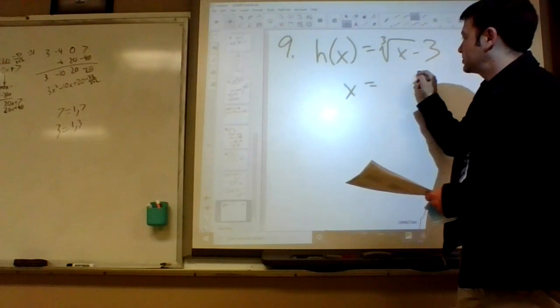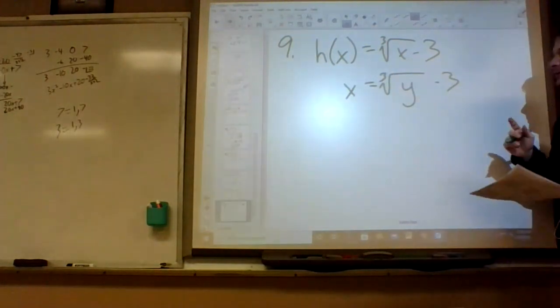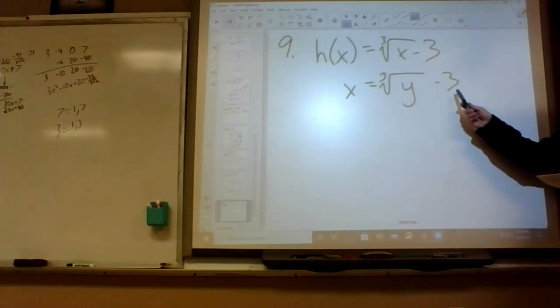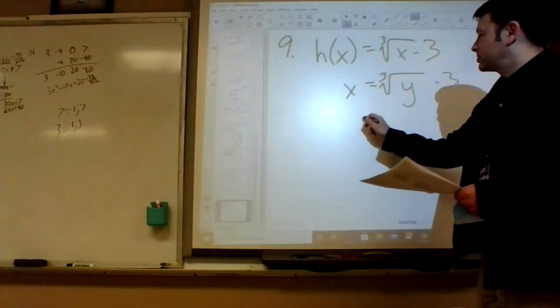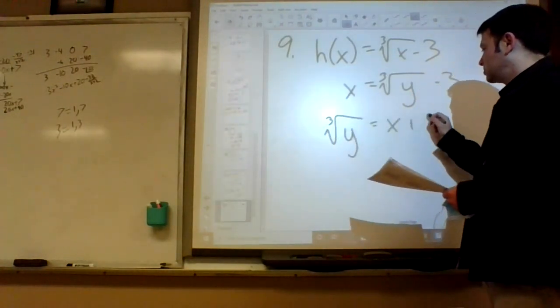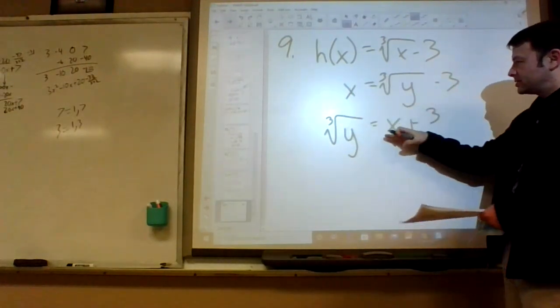Then we solve for y. So how do I get y free of everything? Add 3. So add 3, it'll be a plus 3 over here, then I swap sides, so it's x plus 3.